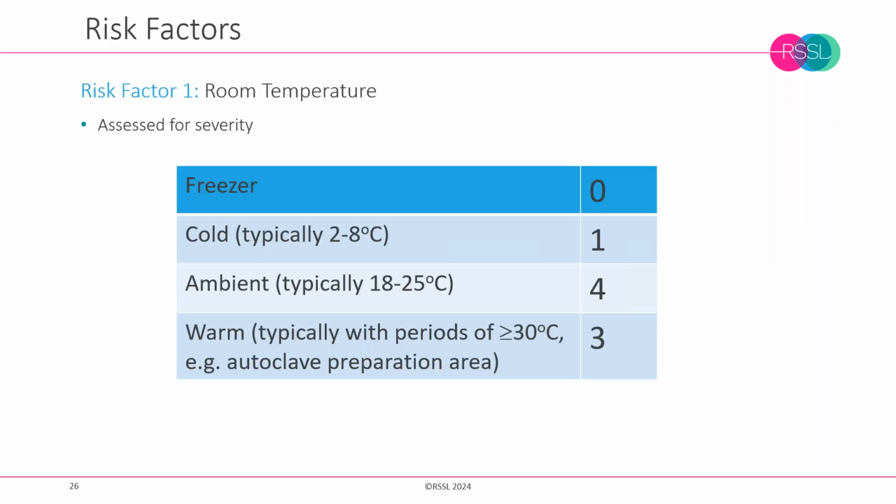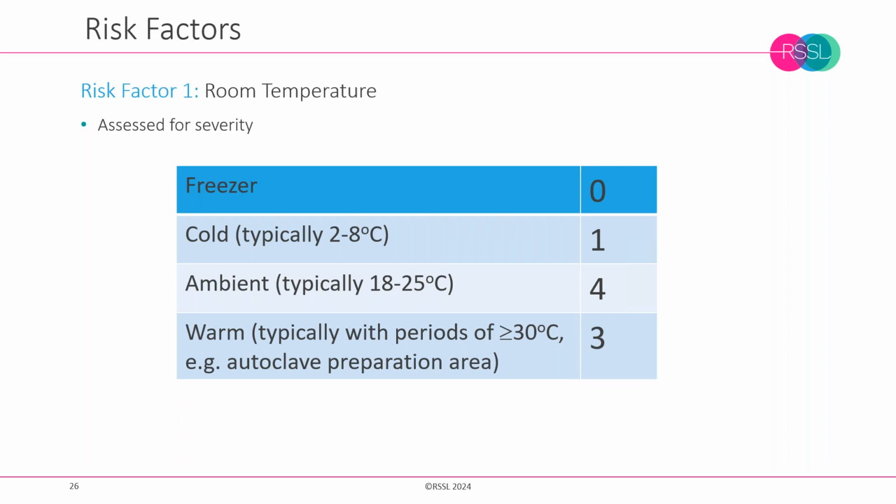So the first of these is the temperature of the clean room. And this is all about the potential for microorganisms to survive and proliferate. So it's a severity question. What happens if microorganisms survive and proliferate?